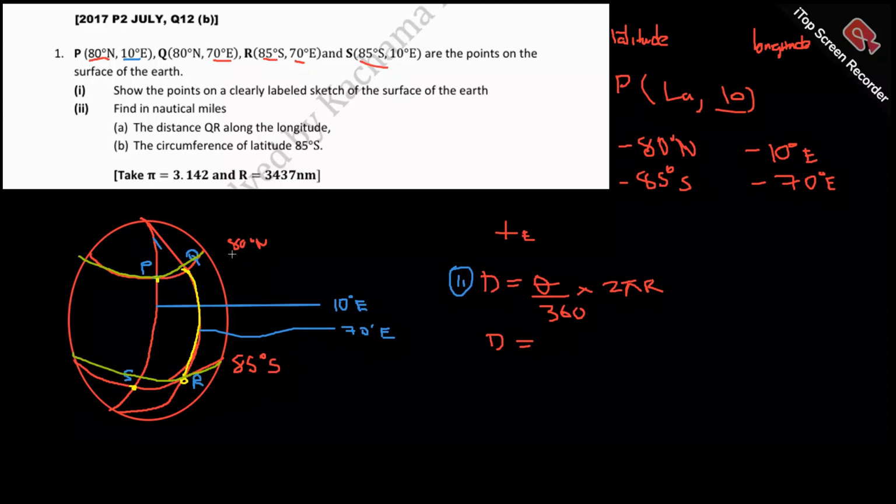We have 85 and 80. They have different signs, so we're going to add. 80 plus 85 divided by 360 multiplied by 2 pi, where pi is 3.142, multiplied by r, which we've been given. It is in nautical miles, so it is 34.